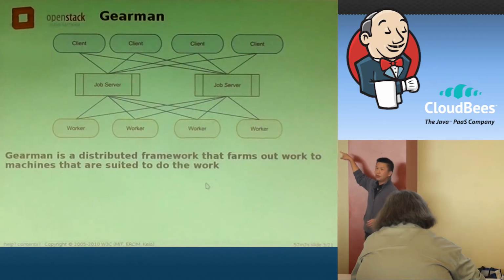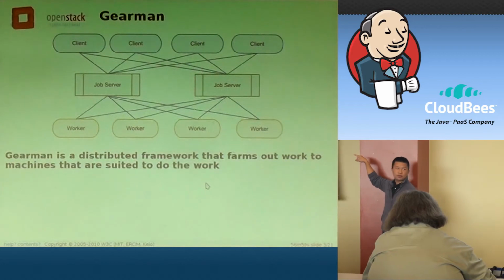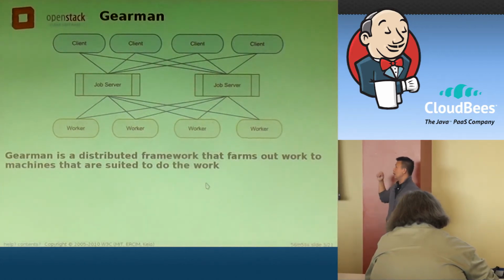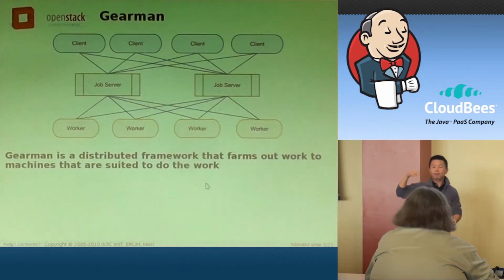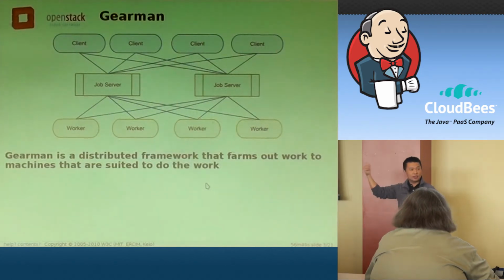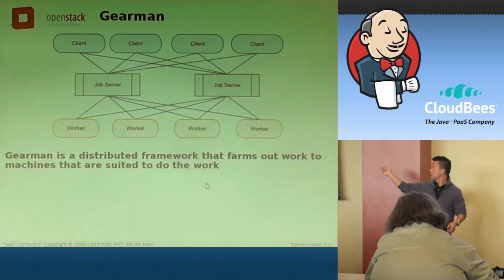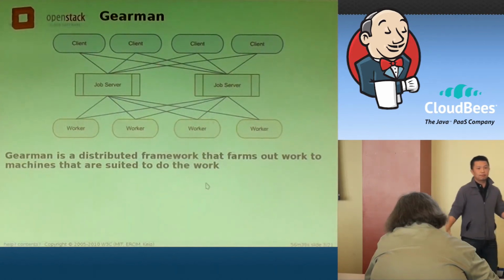It registers with the server, and then the client sends a job to the server. Basically, it says, I want this division problem to be done. One of the workers wakes up and says, I can do that problem, I'll do it for you. And then it does the problem, and it sends back the results to the server and ultimately back to the client. That's basically it.